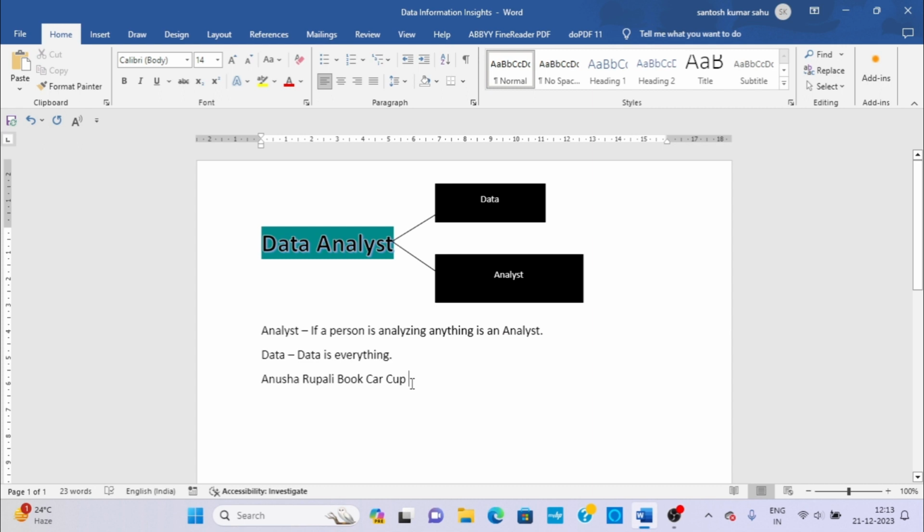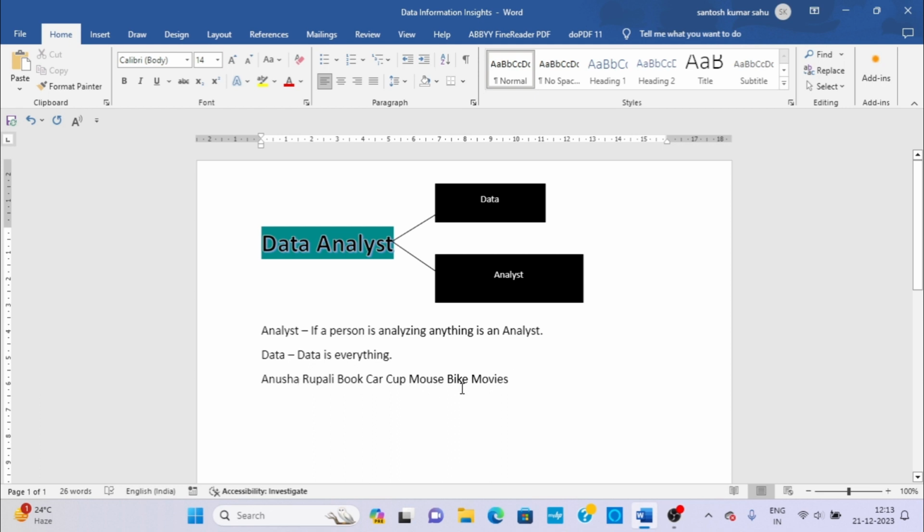Similarly, whatever I am writing here, from now onwards, if I write mouse, bike, I like movies, everything is data. Each and every word is data. But do focus here.